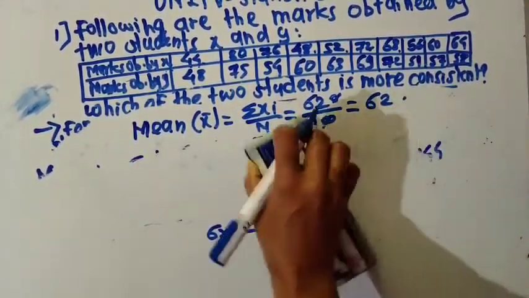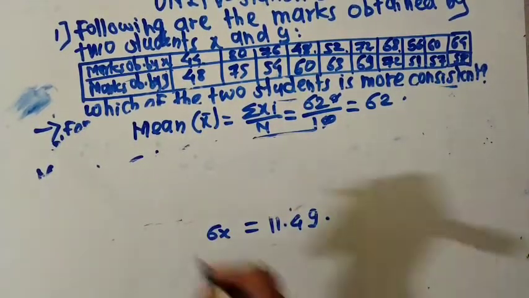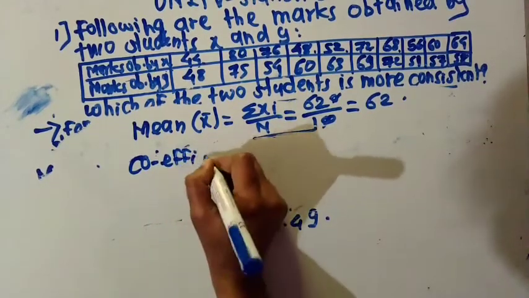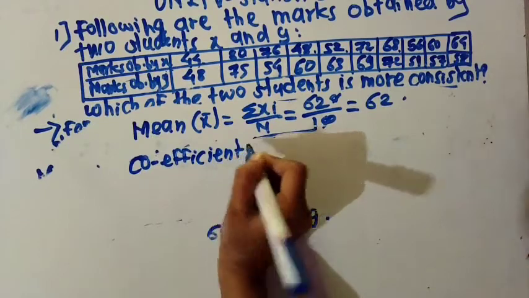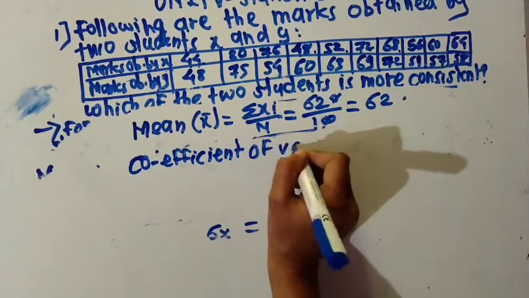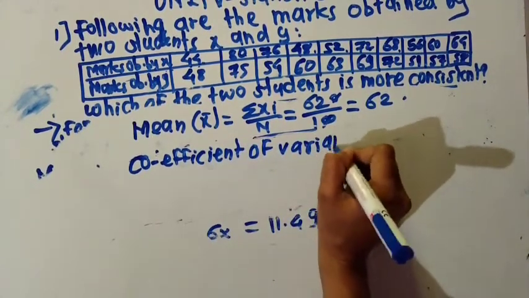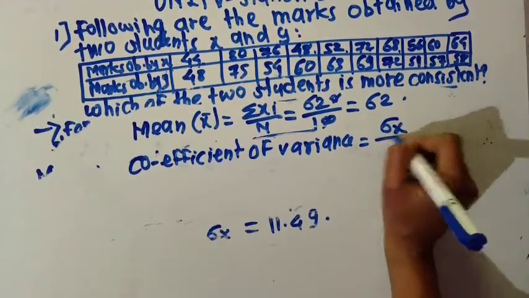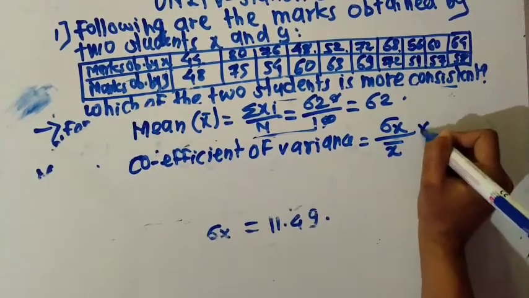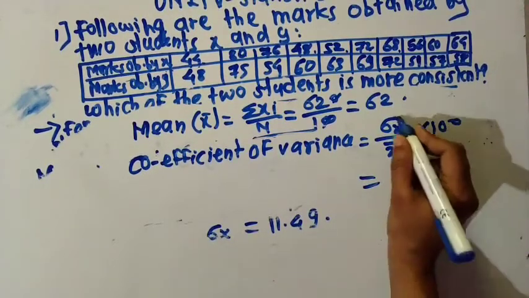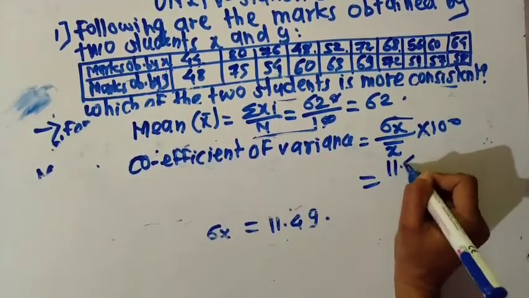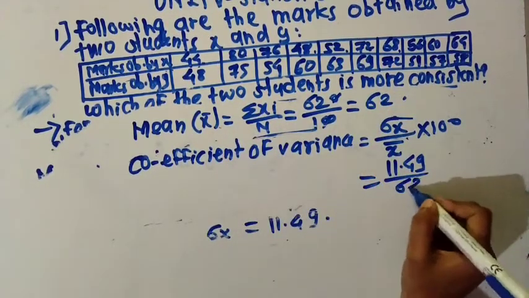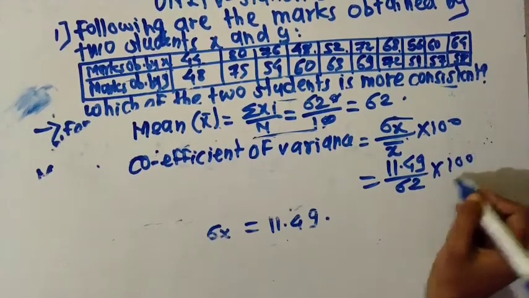Then find out the coefficient of variance by the formula: standard deviation sigma x upon mean, into 100. So sigma x is 11.49 upon x bar, which is 62, into 100.